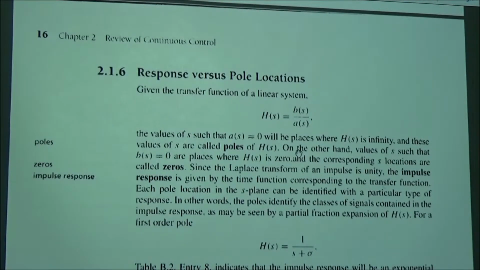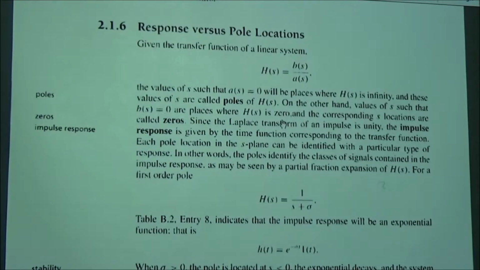You could look at, for example, response versus pole locations. Depending on the location of the pole, you have different kinds of responses. The destiny of performance of a system is directly a result of the location of the poles of the system.